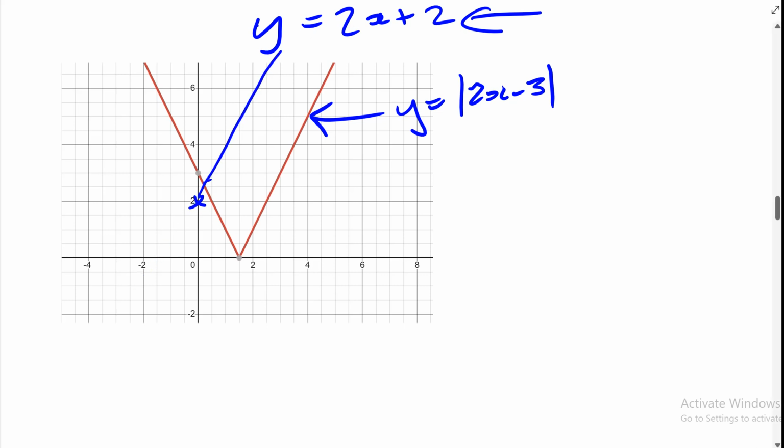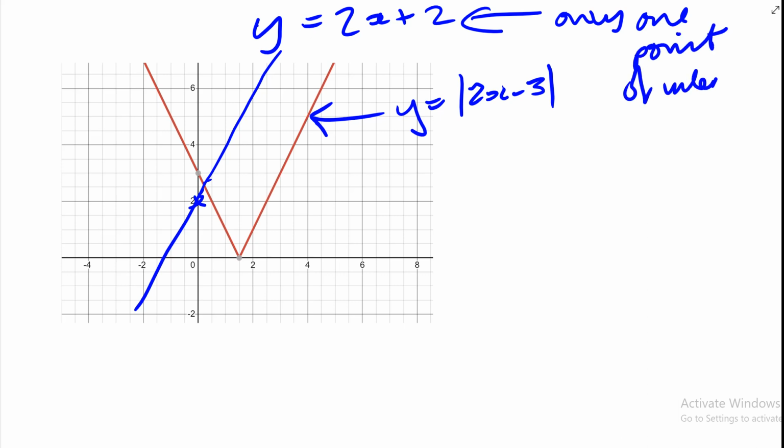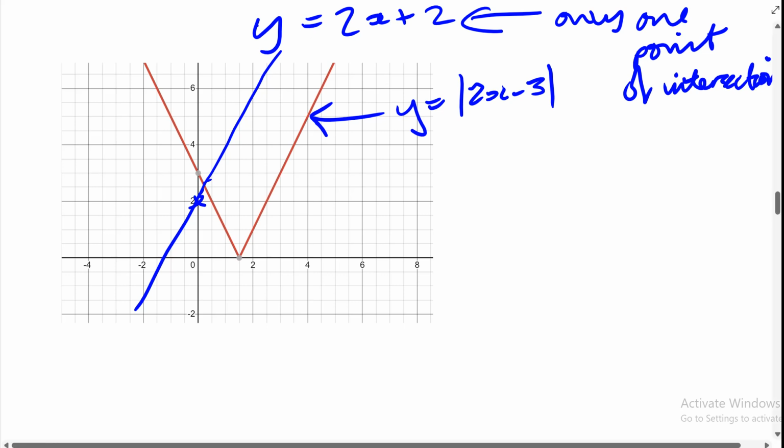That will only have one point of intersection, and that point will be here. So that's no good.